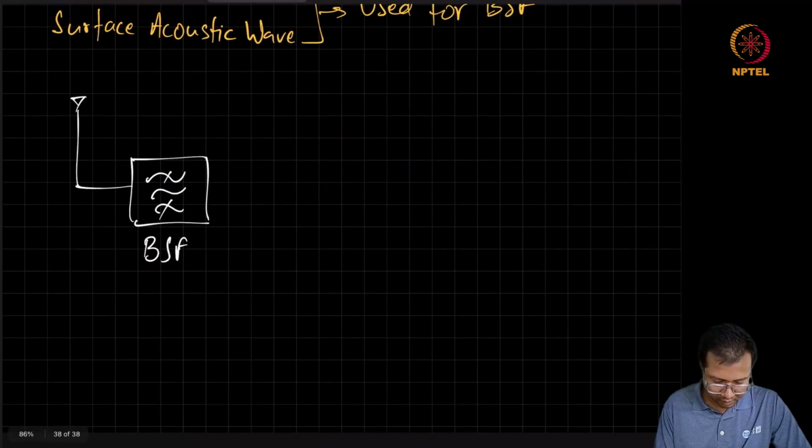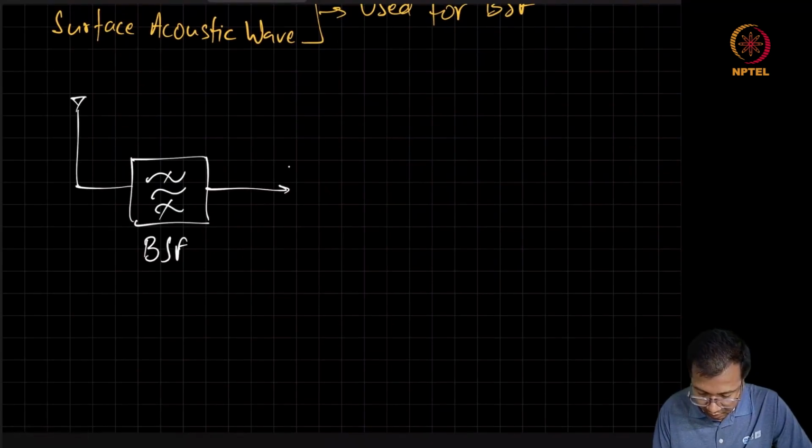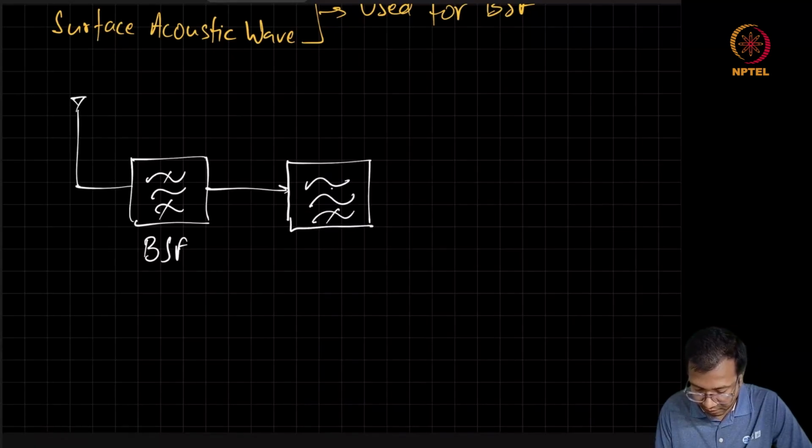So we can cascade the band select filter with another band pass filter, which we are calling the image reject filter, or IRF.